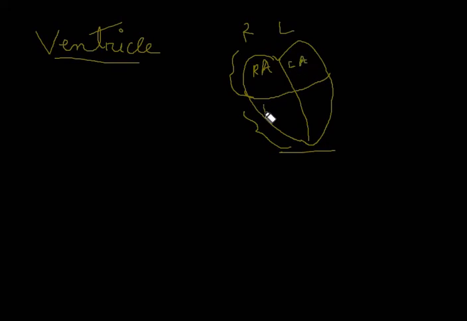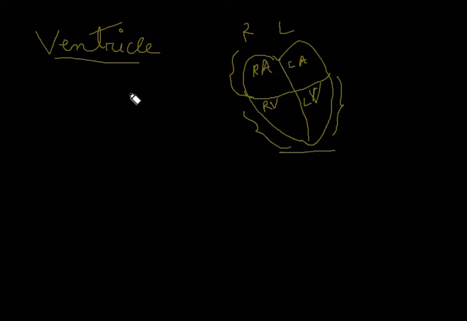Ventricle present at the right side is called right ventricle. Ventricle present at the left side is called left ventricle. Now we are going to discuss the lower portion of the human heart, that is, ventricle.